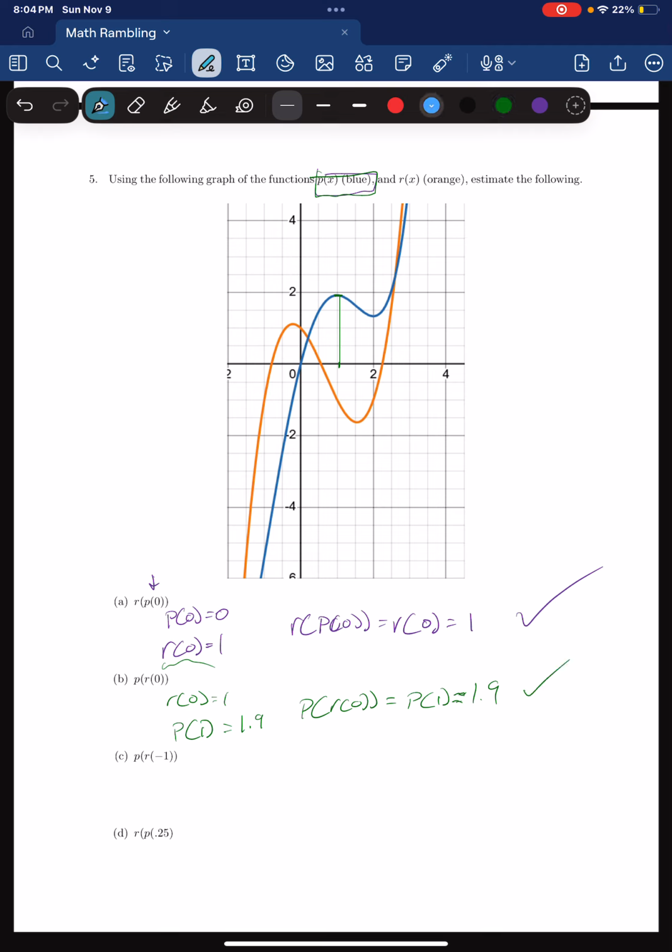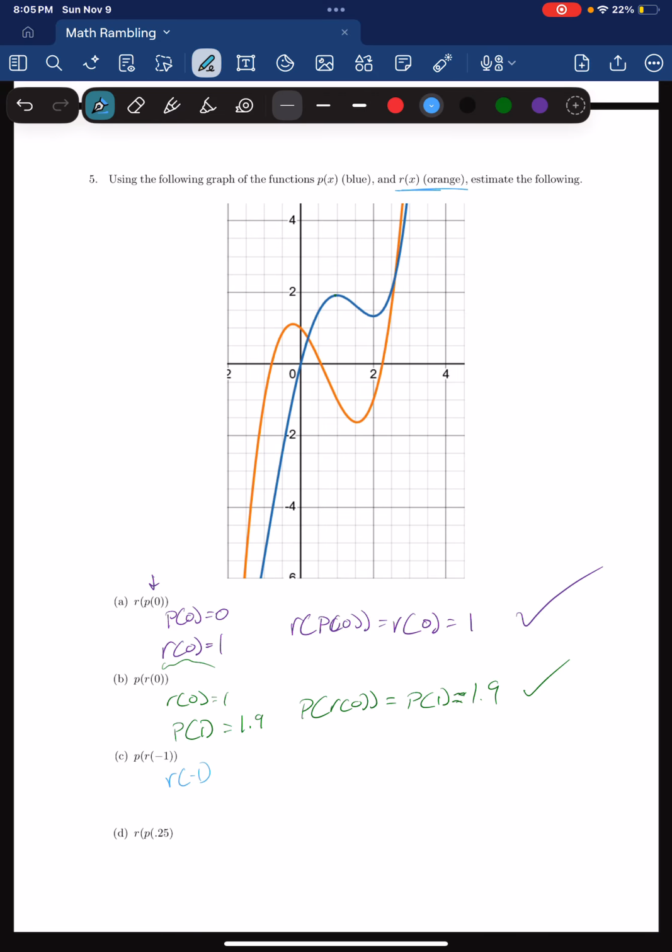Let's go to blue here. We'll save red for the last one. All right. Let's see. P of R of -1. Okay, let's find R of -1. R is the orange line. Let's go to -1, and kind of looks like we meet here.